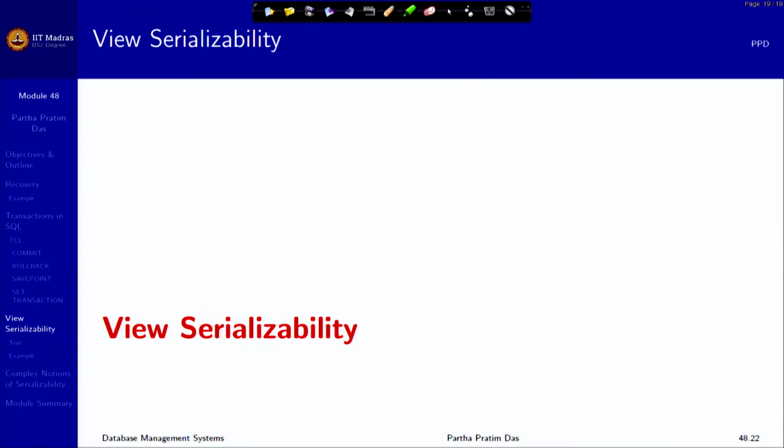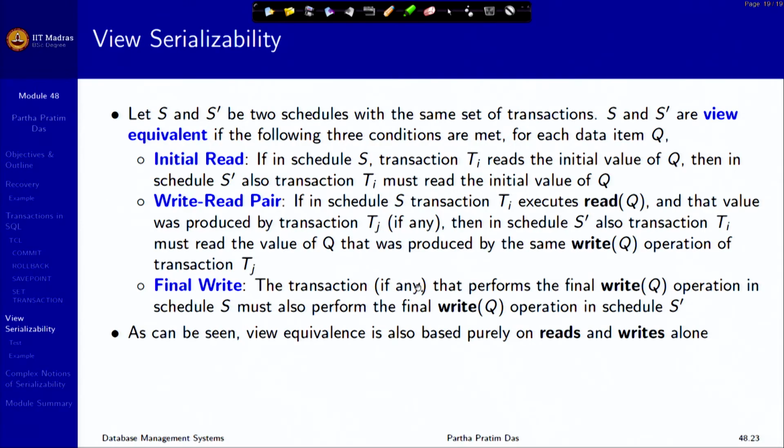So, now let us get into view serializability. We have talked about conflict serializability. We have defined when two instructions coming from two different transactions are considered to conflict, if there is read write, write read, or write write conflicts, and we can compute that in a given schedule by constructing the precedence graph.